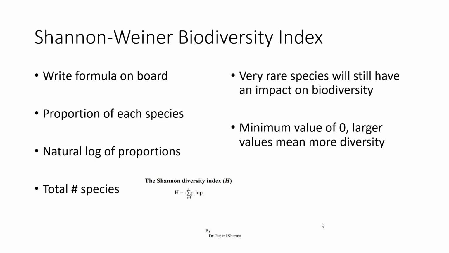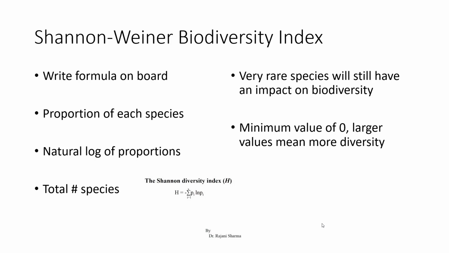What you need to do is get the proportion of each species, given here as P sub i. Then you take the natural log of each one of those proportions, given here as ln P sub i, the natural log of the proportion of each species.